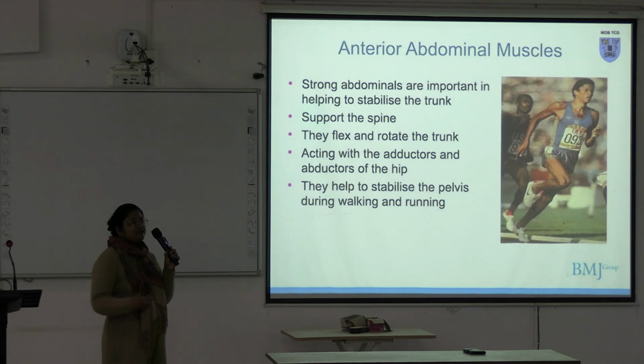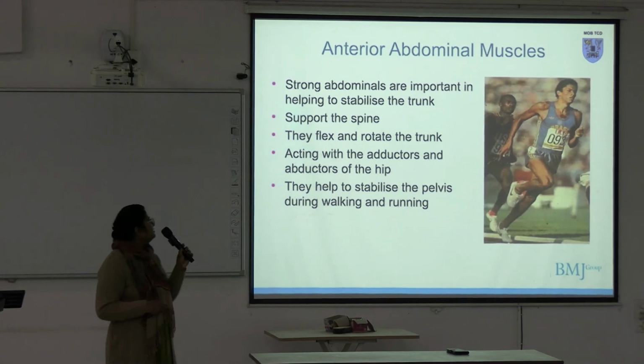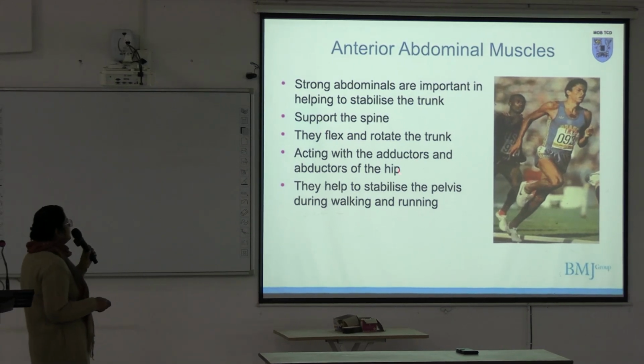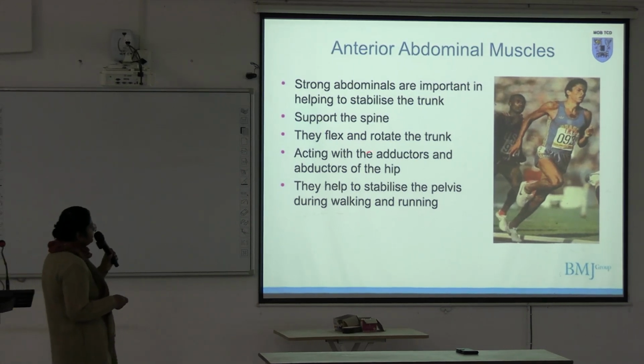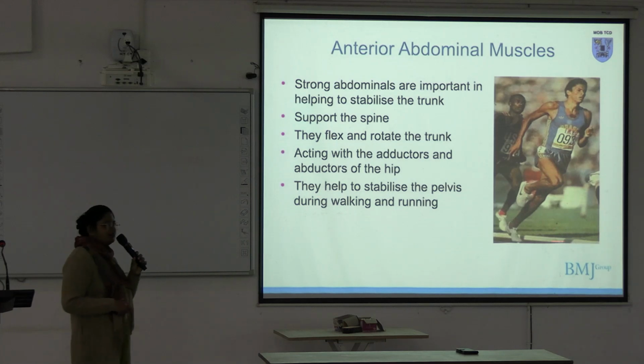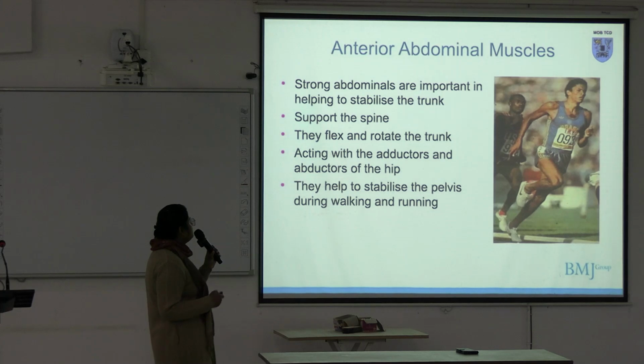Acting from one side or from two sides, they twist the trunk and flex the trunk. Acting with the adductors and abductors of the hip, they also help in adduction and abduction of the hip. And they help to stabilize the pelvis during walking and running. So all these are functions of the anterior abdominal wall muscles.